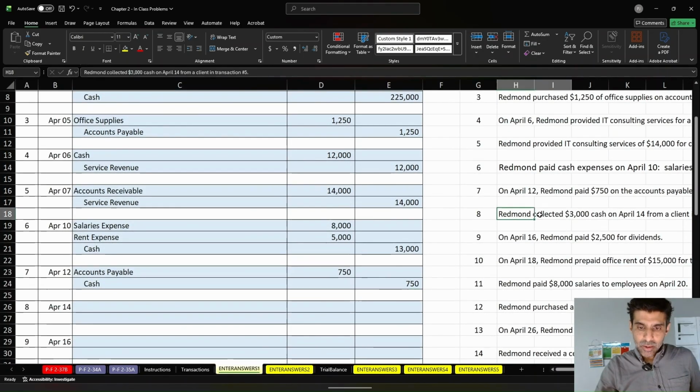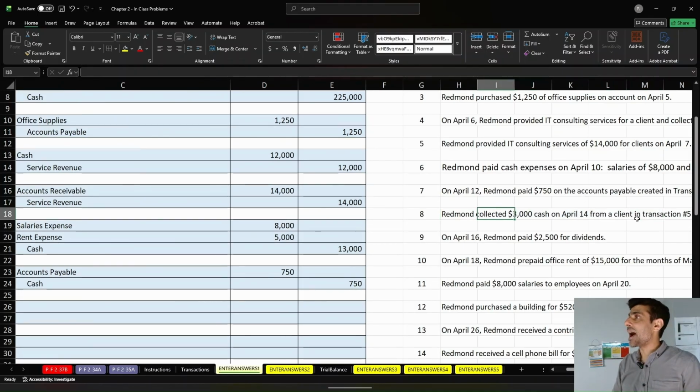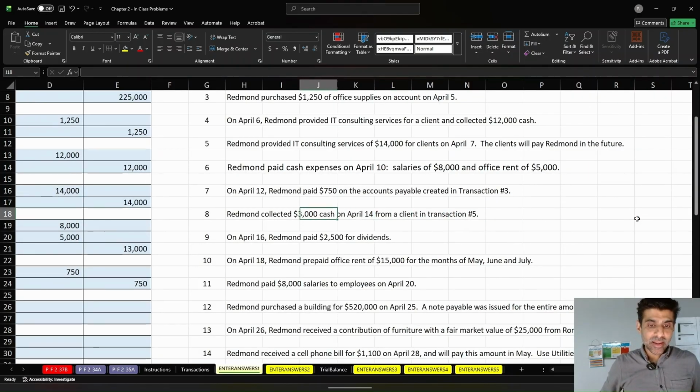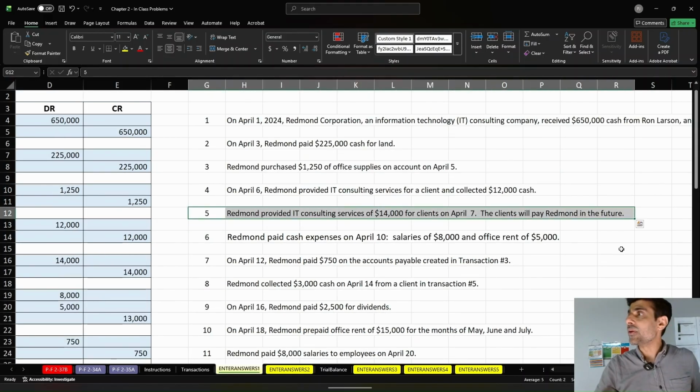We collected $3,000 of cash. Okay, so obviously it's going to be a debit to cash. I already have half the journal entry done, right? Cash is going up because I'm collecting it. And it's from this client from transaction 5. So if we look up here, there is a receivable that was created, right? We did this service for this customer.